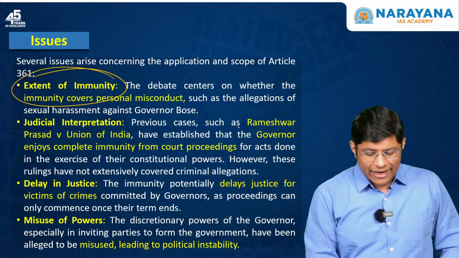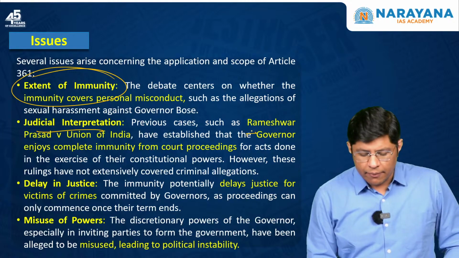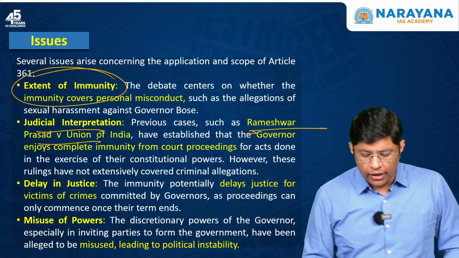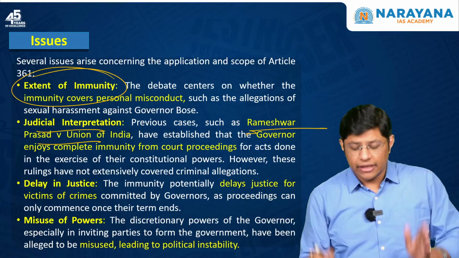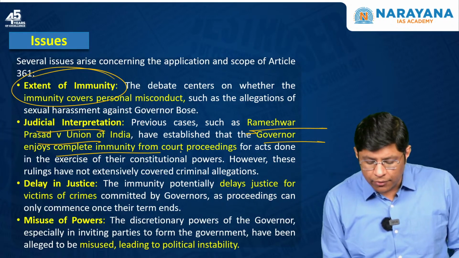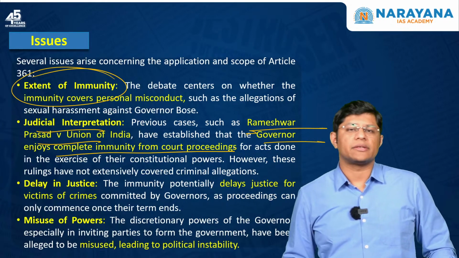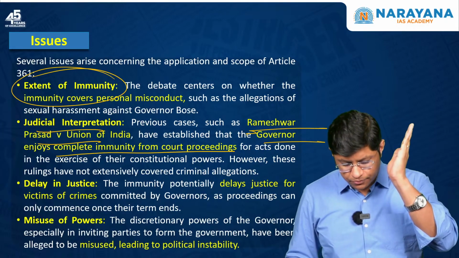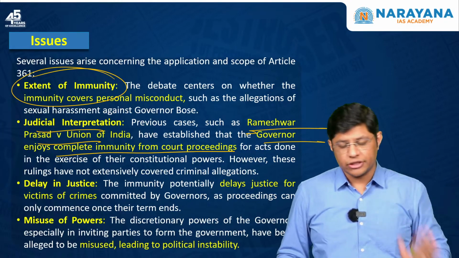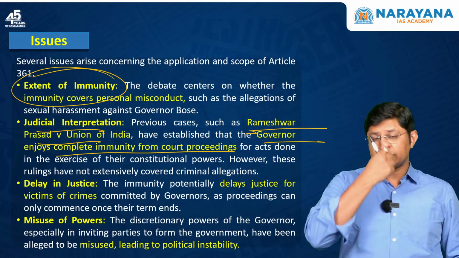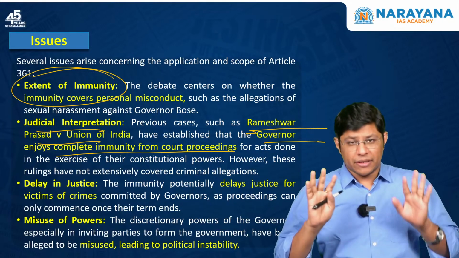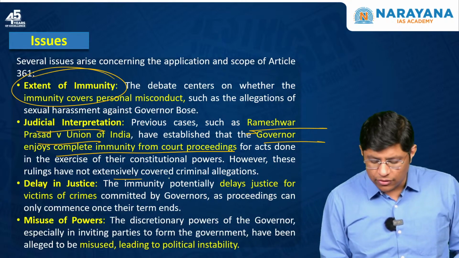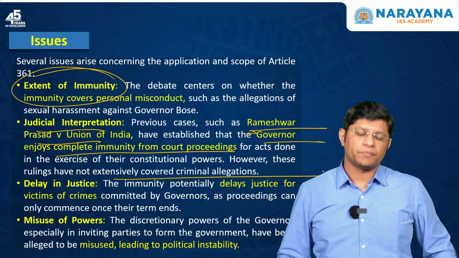Now, the second is the judicial interpretation. In Rameshwar Prasad versus Union of India, it was established that the governor enjoys complete immunity from court proceedings. Yes, the governors enjoy protection from court proceedings, is what the Supreme Court opined in Rameshwar Prasad versus Union of India. But this ruling did not extensively cover criminal allegations.